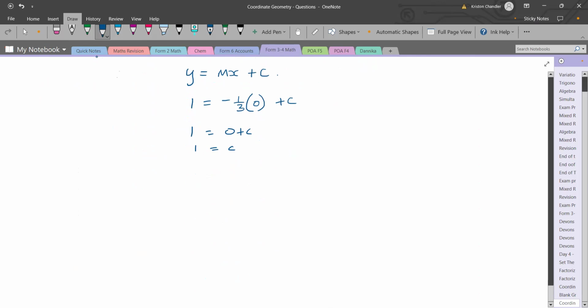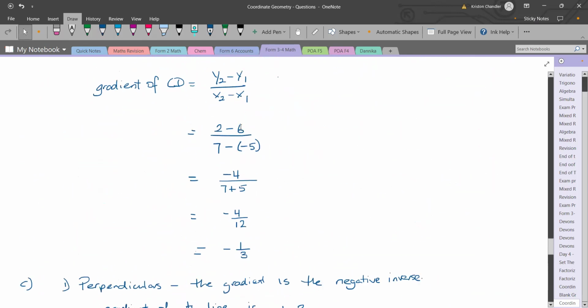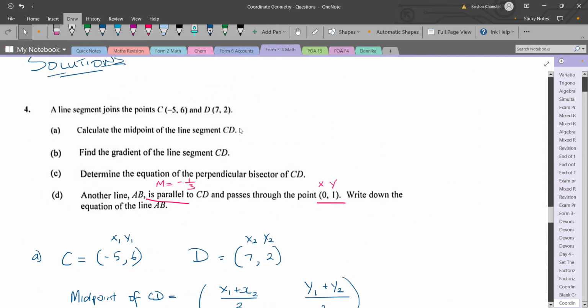And just like above, we're going to rewrite y is equal to mx plus c, only including the m and c values. So we get y is equal to negative a third x plus 1. Yeah, everybody all right with that? And that is our solution for this question.